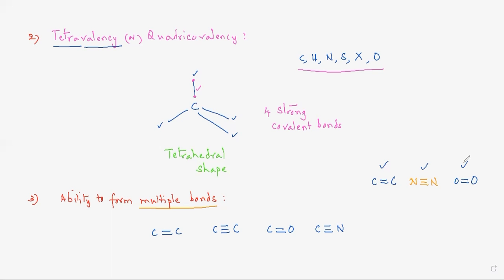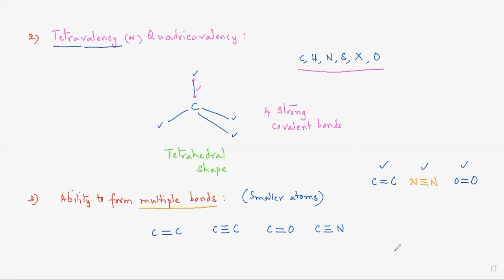But if you are already aware, look at this. Carbon is the first element of the 14th group. Nitrogen is the first element of the 15th group. Oxygen is the first element of the 16th group. Yes, because they are of smaller size, they can form multiple bonds.